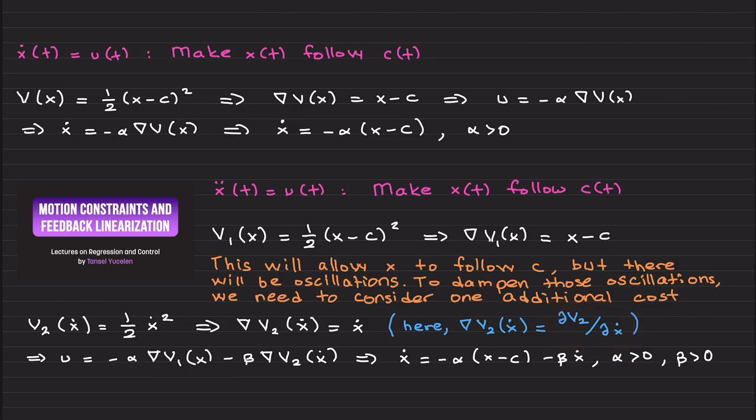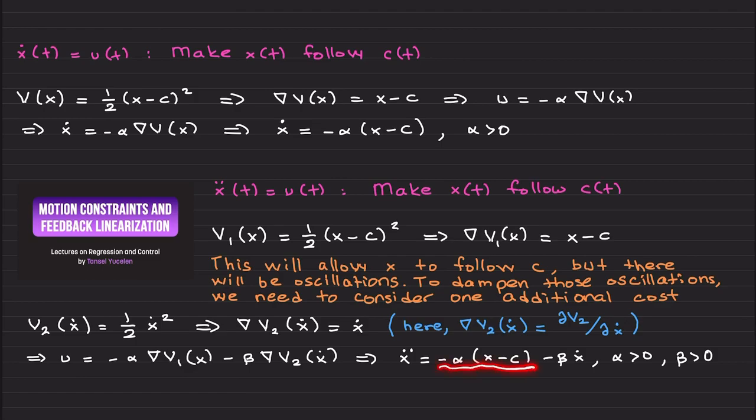Generally, when I wrote dv1 over dx, unless otherwise stated, all the gradients are with respect to x, but here it is with respect to x dot. So you arrive at x dot. The control signal becomes the gradient descent with the first cost function and the second cost function. So your closed loop system looks like x dot dot. I have a typo here, x dot dot.